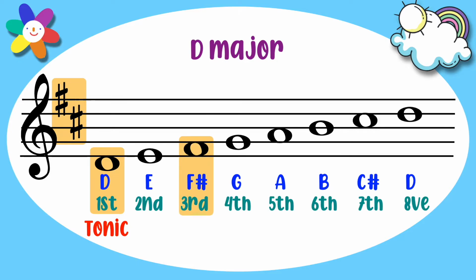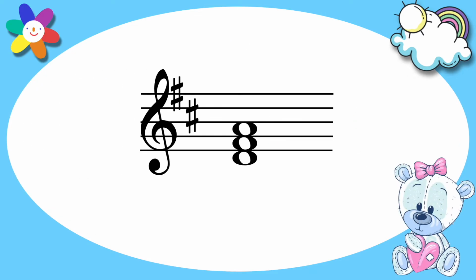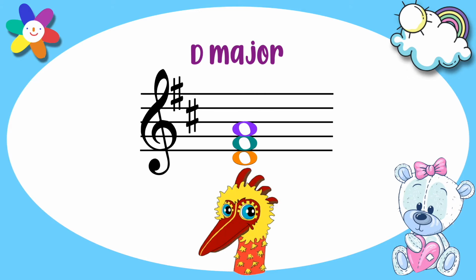The third degree above the tonic is F sharp, and the fifth degree above the tonic is A. Here you have your D major tonic triad. D, F sharp, A. Tonic triad for D major.